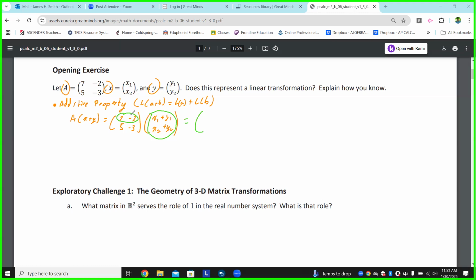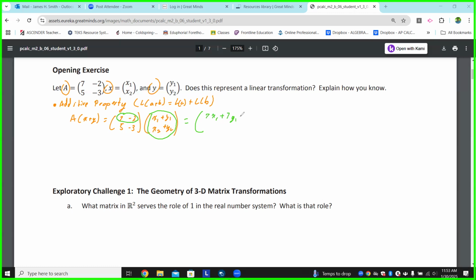All right, so to write this out, I'm going to take 7 and I would multiply by this guy right here. Now, when I take a 7 times a binomial, what's that going to turn into? What would I do there? There we go. So it becomes 7x1. And then it would also become what? 7y1, right? So we would take that 7 and have to distribute because it's technically like a binomial. All right.